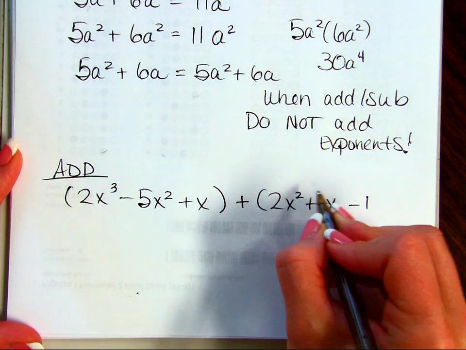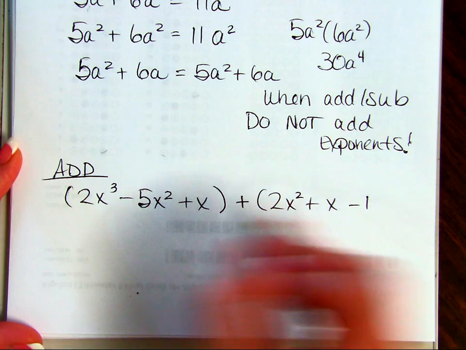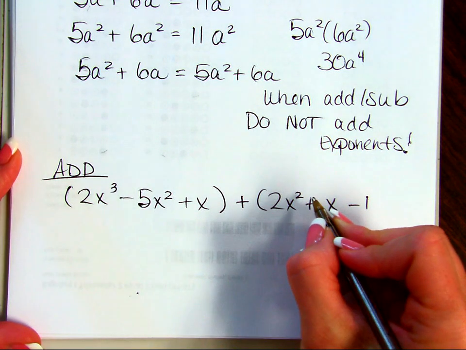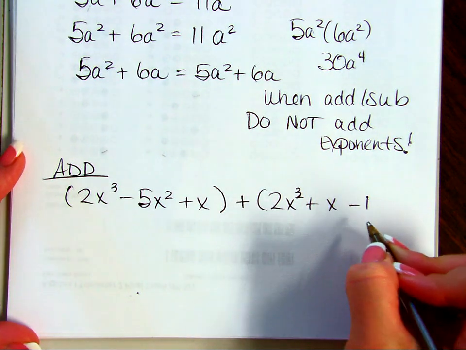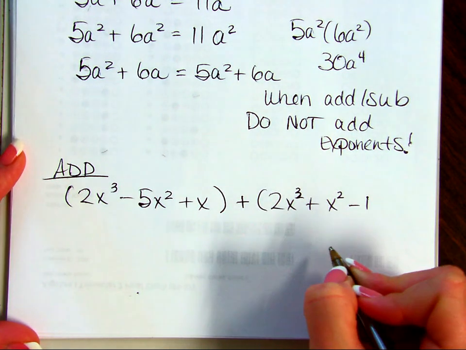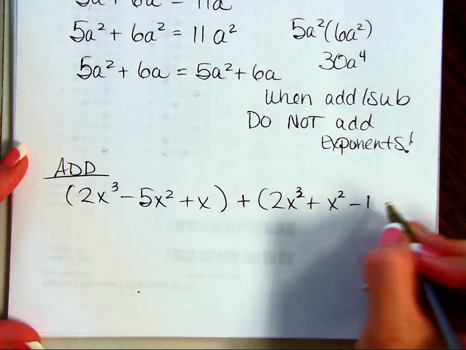Oh, hold on. I messed up on that. Cubed, squared, 1. So we're going to make this a 3. Just make that a 3. Make that a squared. Yeah, we'll do that.